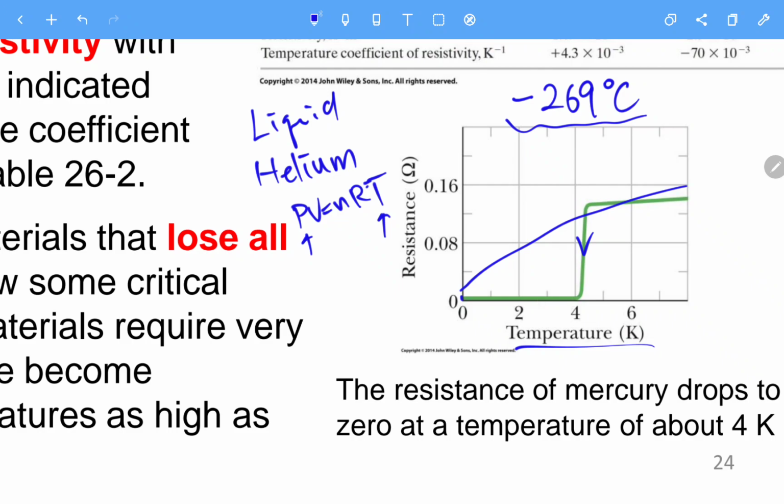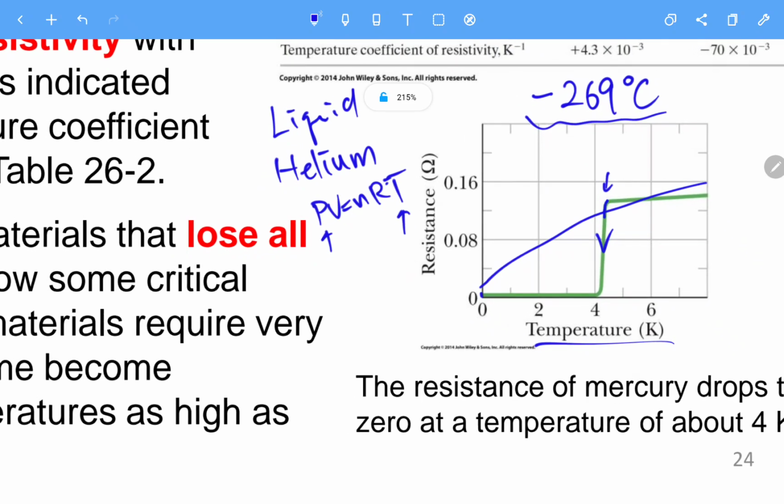And then they found, oh, this is really strange. At roughly 4 Kelvin, the resistance suddenly dropped down to nearly zero, to zero.